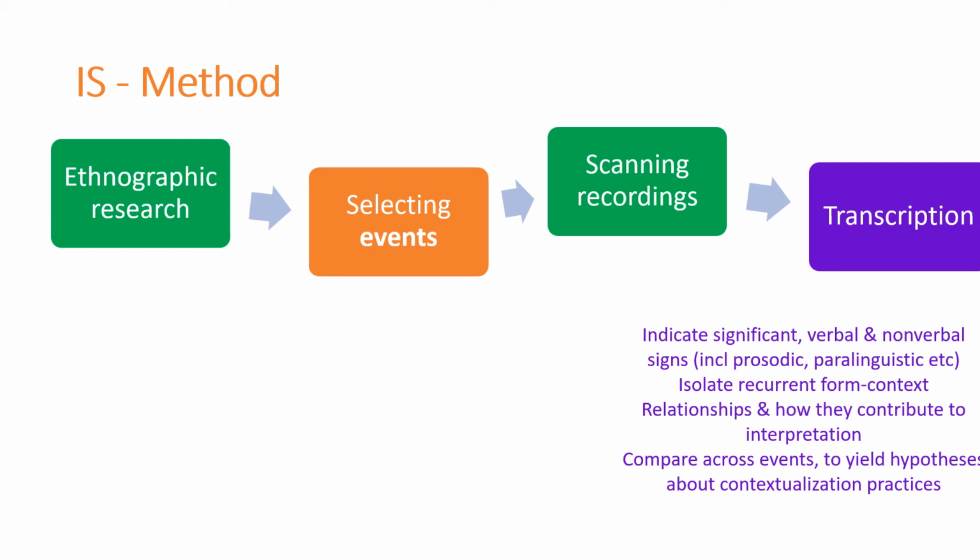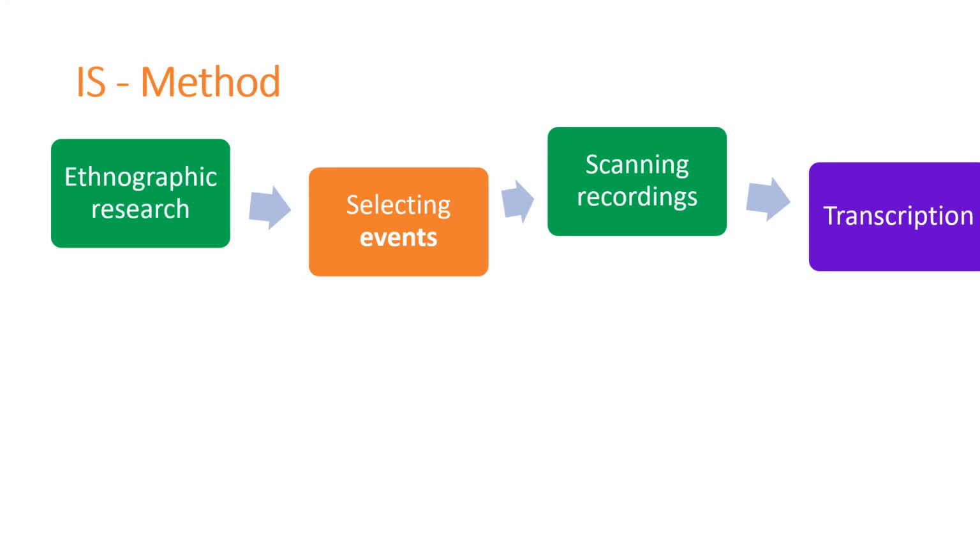As IS research works a lot with spoken data, transcription is also part of doing interactional sociolinguistics. So an analyst doesn't necessarily have to use Jefferson notation, but the transcript will indicate significant verbal and nonverbal signs such as prosody, paralinguistic markers, and so on.